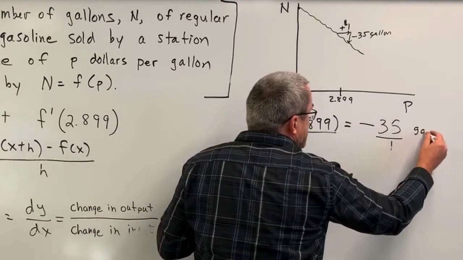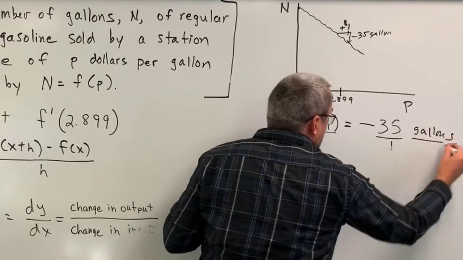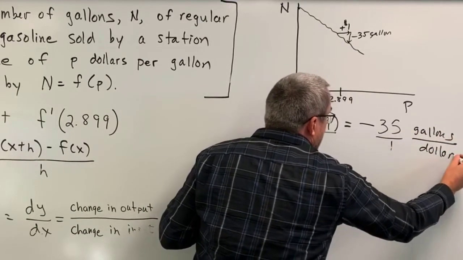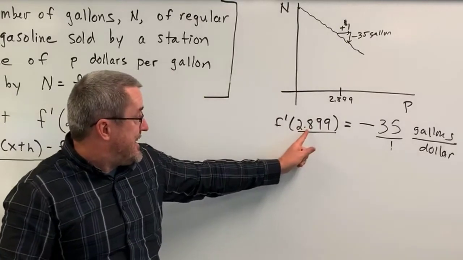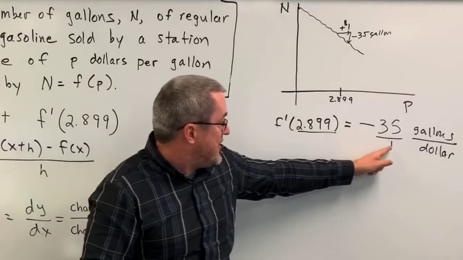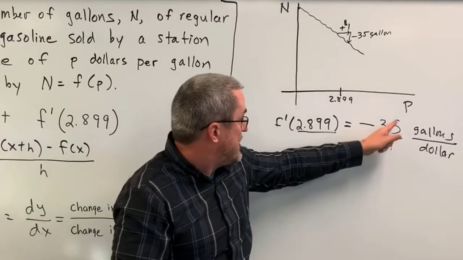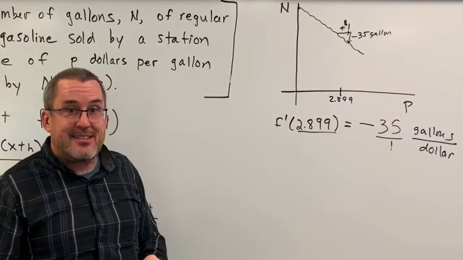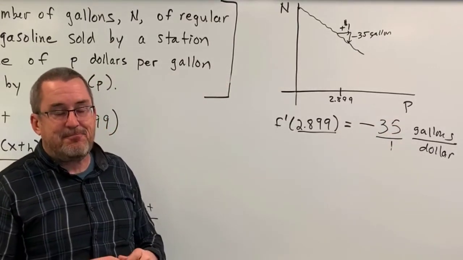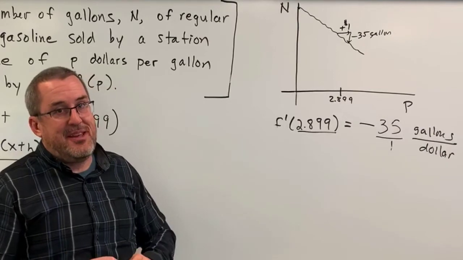So in terms of units, this would be gallons per dollar. At a price of $2.899, for every additional dollar we charge, we're going to sell 35 gallons less gasoline. That's what this derivative means.